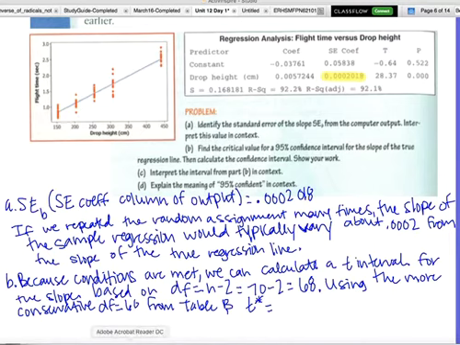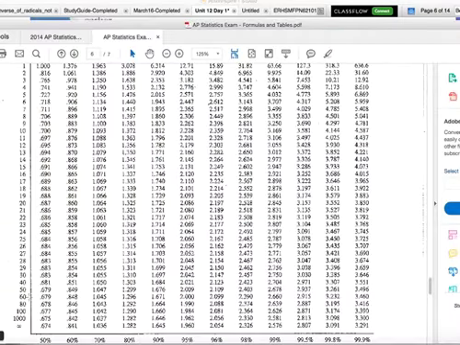So basically you go back to Table B, you're going to use 60, and you're going to go to the 95% because it asks you to do a 95% confidence interval. So you basically just find the place where they meet up. So where does 60 meet up with the 95% column?